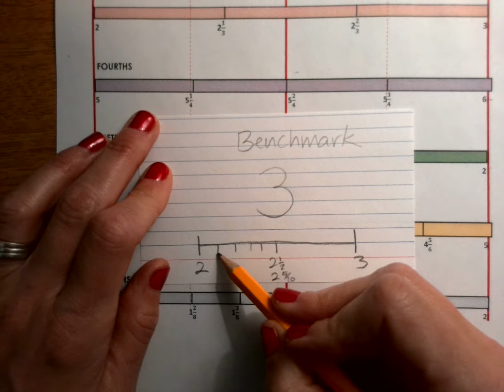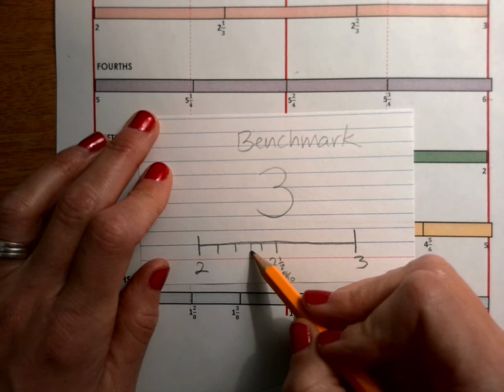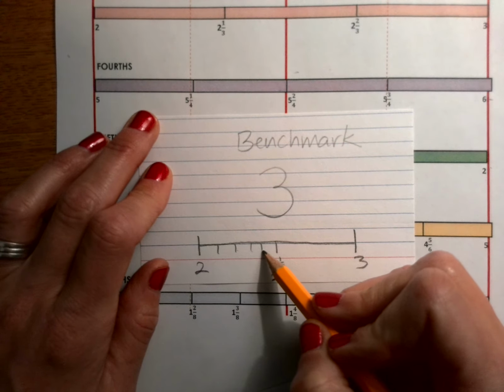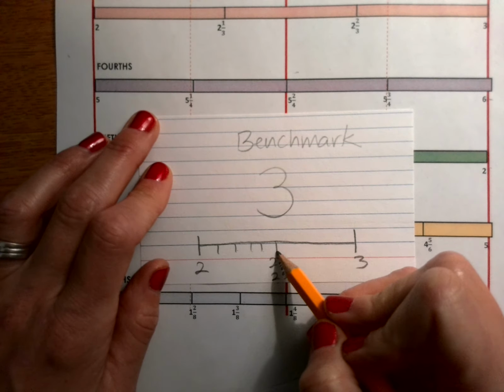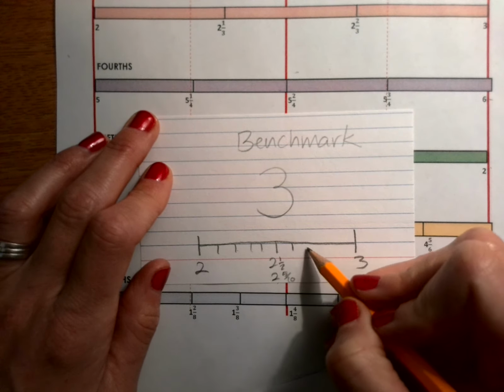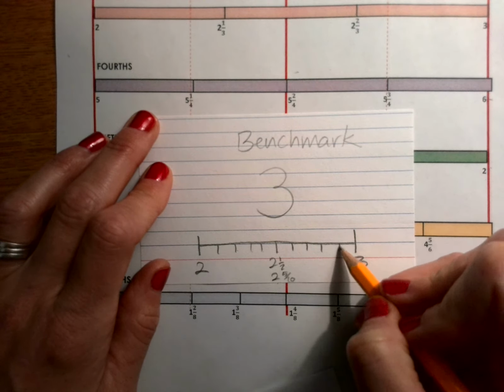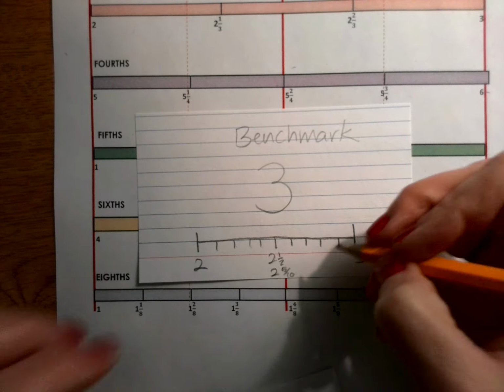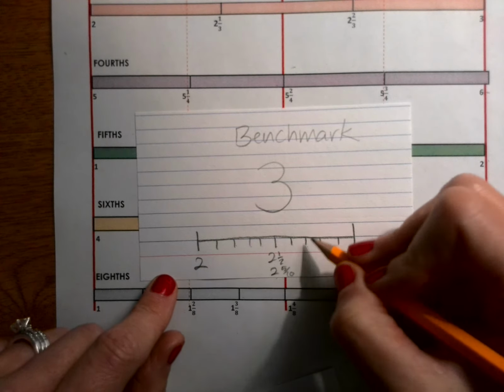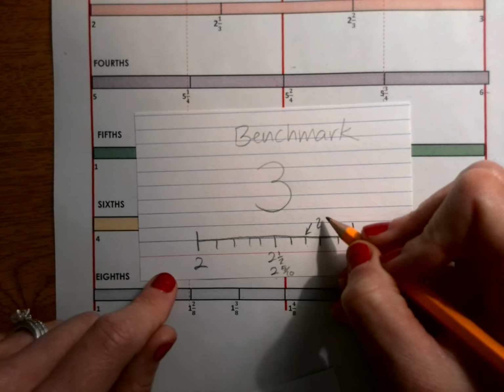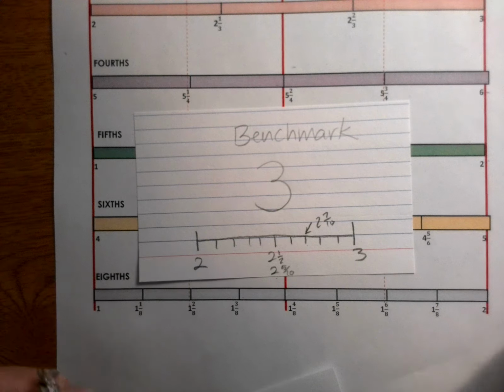So 2 and 1/10, 2 and 2/10, 2 and 3/10, 2 and 4/10, 2 and 5/10, 2 and 6/10, 2 and 7/10, 2 and 8/10, 2 and 9/10. That looks a little bit closer. So really 6, 7, it's right here. 2 and 7/10. It's really close.